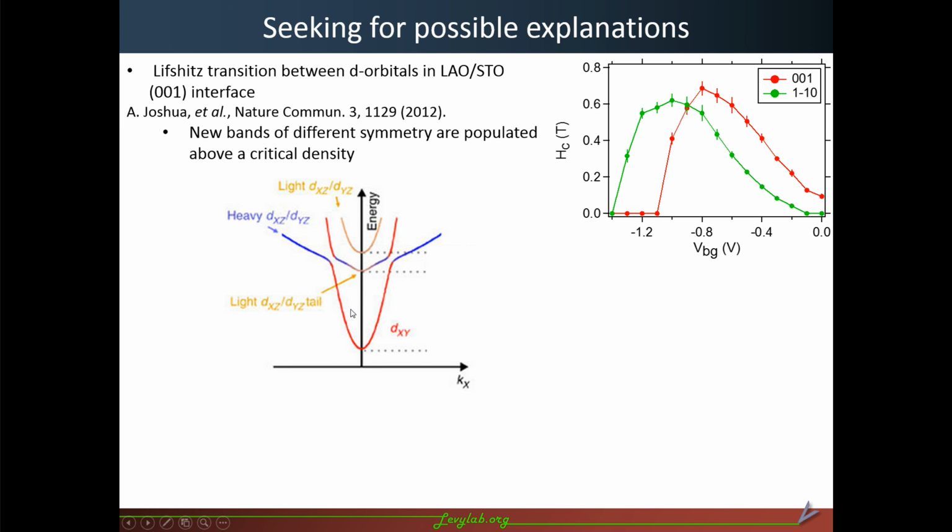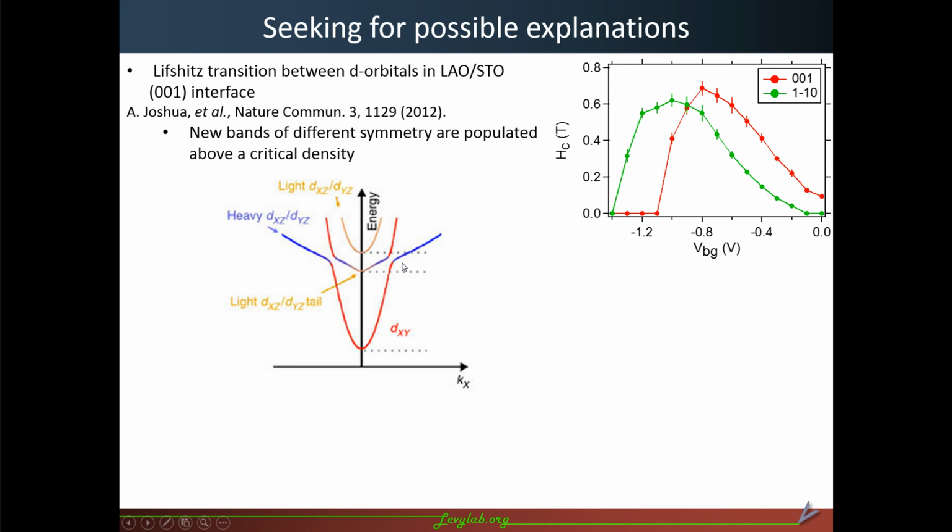The dxy band is the lowest band, so when the carrier density is low, only the dxy band is populated. But above a certain critical value, the higher band, the hybridized dxz-dyz band, is also populated.